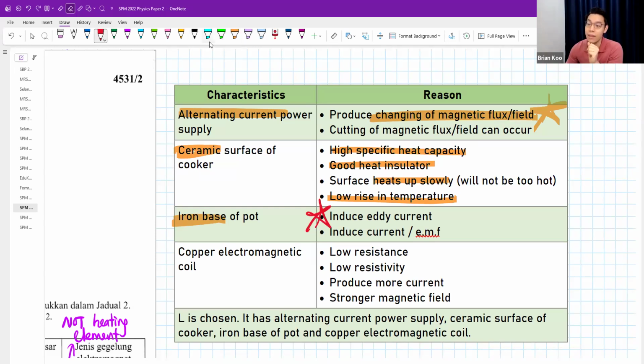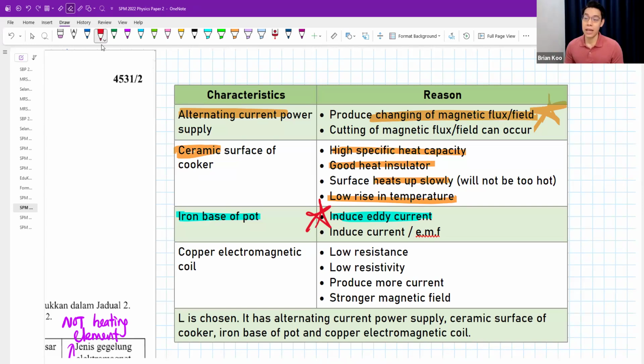If you understand that, it's very easy for me to tell whether you know the concept of induction cooker by looking at how you answer the iron base. Iron base can induce eddy current. Can induce current or e.m.f. also can. The eddy current is the one that will produce heat.